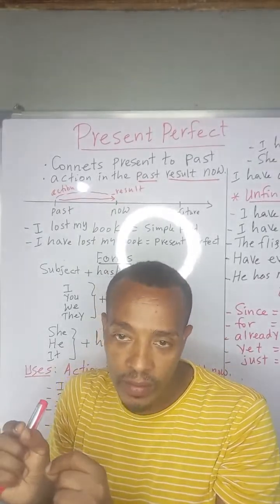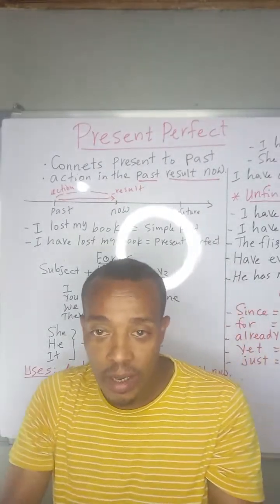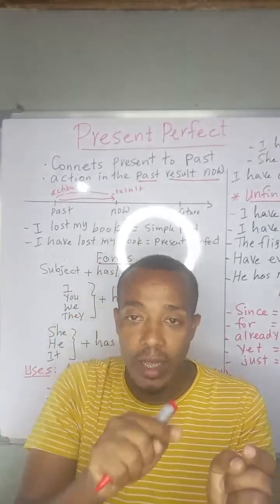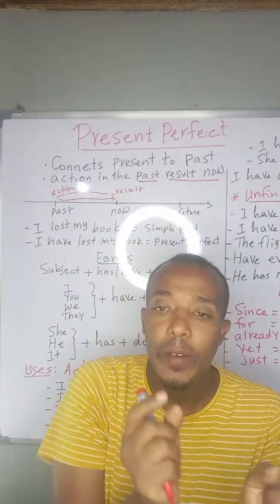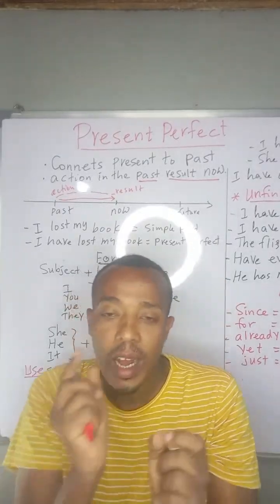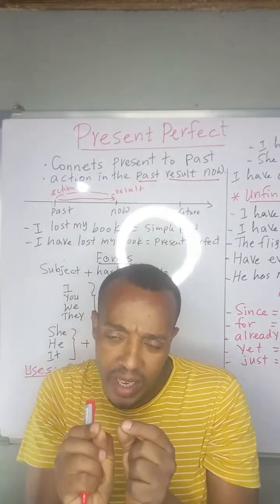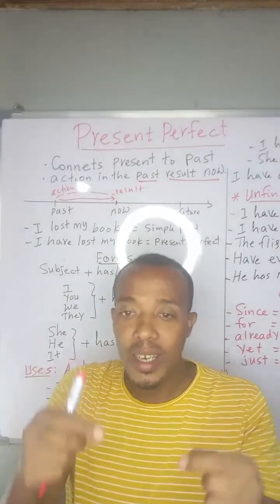Second, an action which is done in the past but whose result is seen now. For example, I have lost my key. Losing my key was done in the past, but what is seen now?